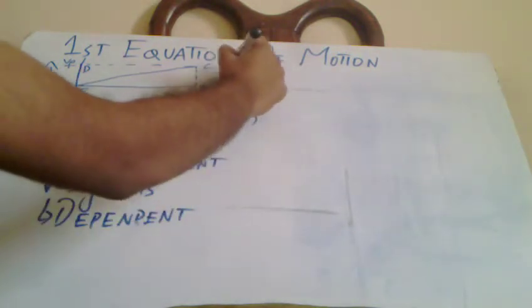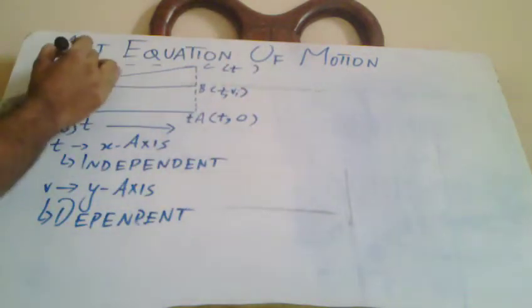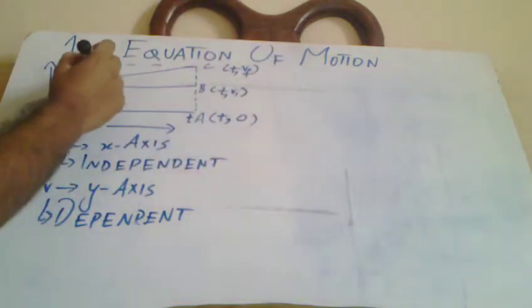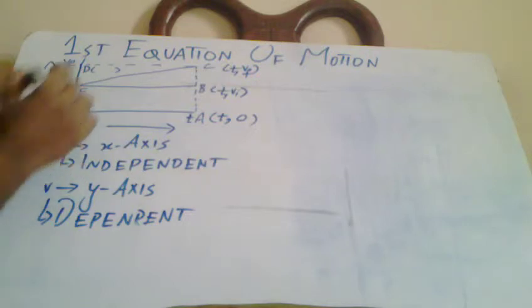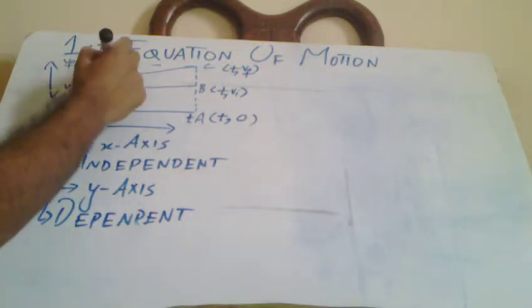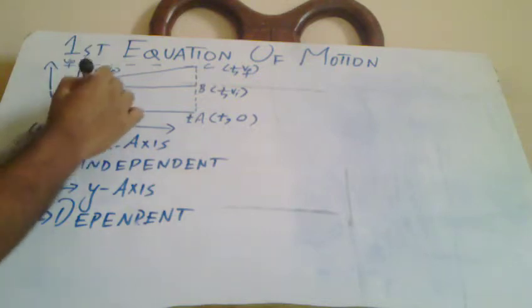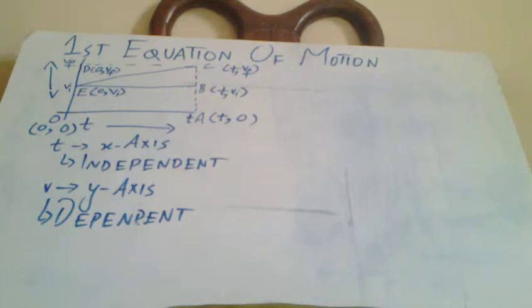At point C, x is t and y is vf. At point D, x is 0 and y is vf. At point E, x is again 0 and y is vi. So what we have done is we have made the graph and then named the edges of the graph.